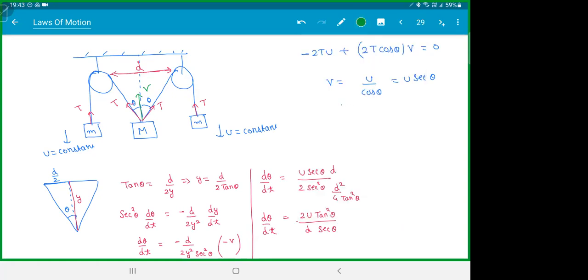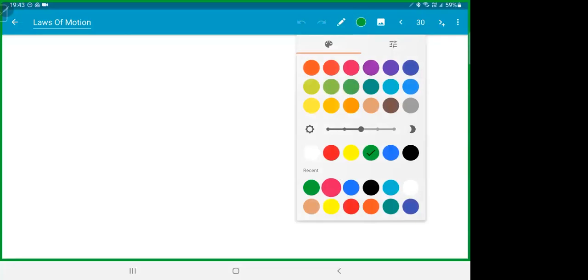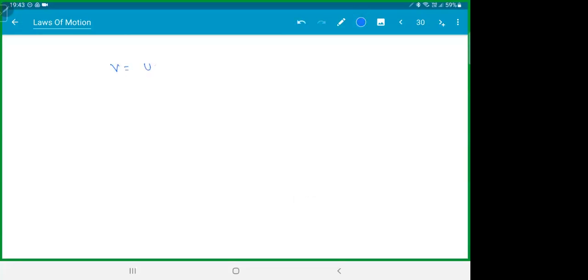Then what you do here, differentiate. I'll do it in the next page. So we got v is equal to U sec theta. If you differentiate this guy, this will give me dv by dt. U is constant, so it will come out.